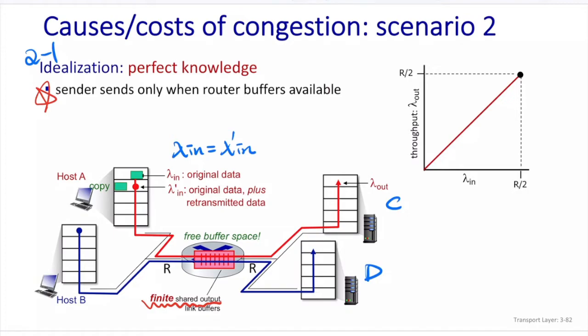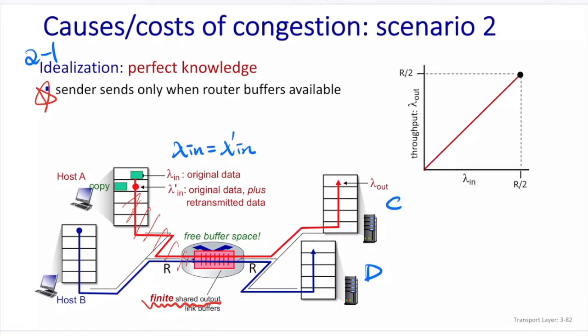Sender sends only when router buffers are available. That means the router's buffer is limited, but somehow, magically, host A knows the current state of the buffer. So A only sends packets to the router if there is free buffer space.